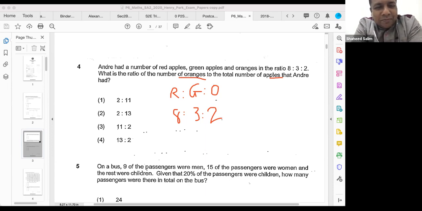Izzat can do, you give your answer. Is that your answer? No. Okay. So we want now the new one. You want oranges to apples. You know, apples means red and green together.